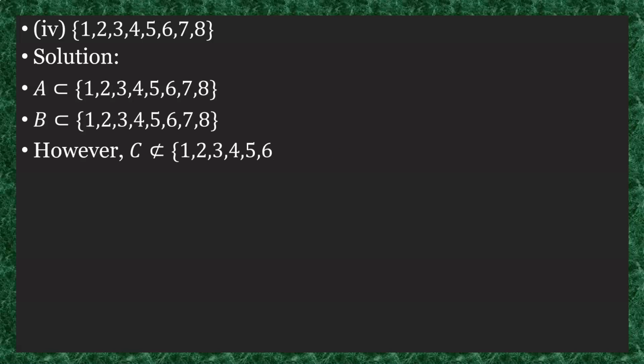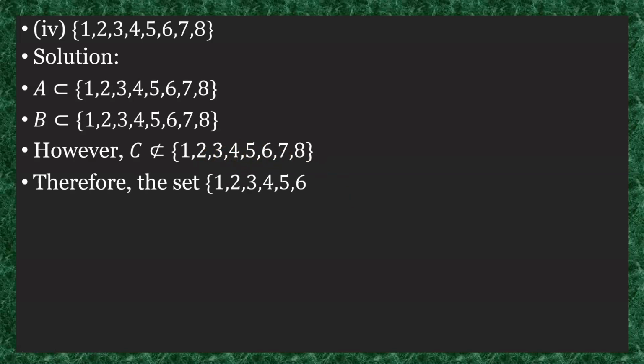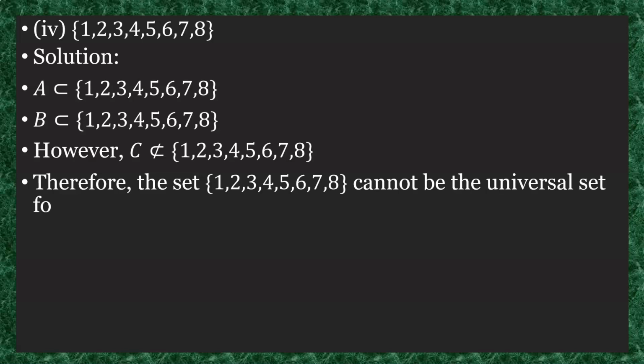However, C is not a subset of 1, 2, 3, 4, 5, 6, 7, 8. Therefore, the set 1, 2, 3, 4, 5, 6, 7, 8 cannot be the universal set for the sets A, B and C.